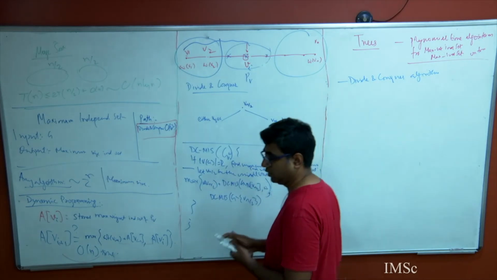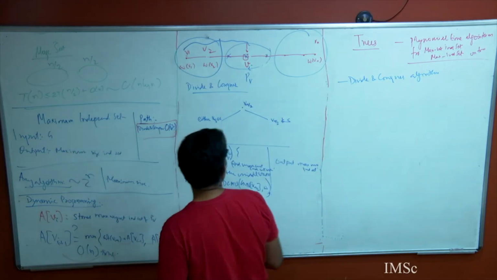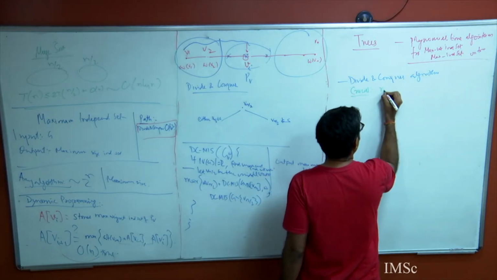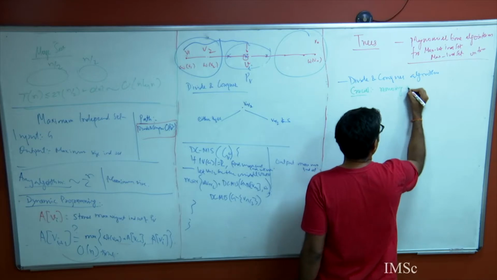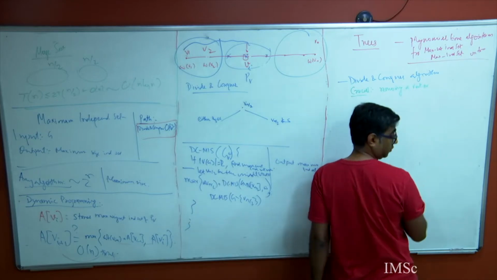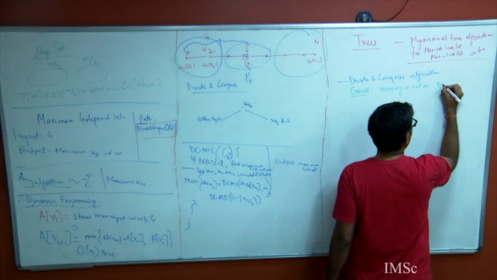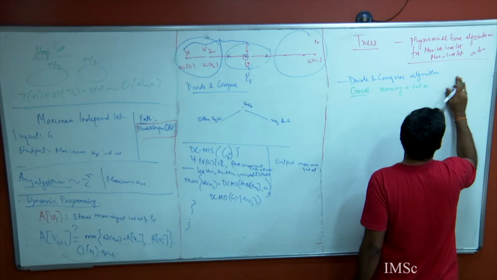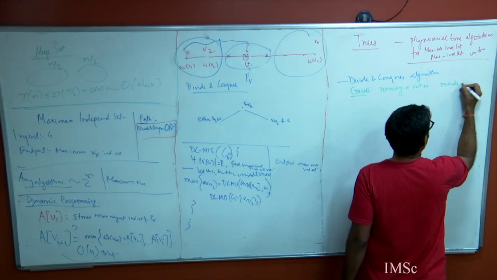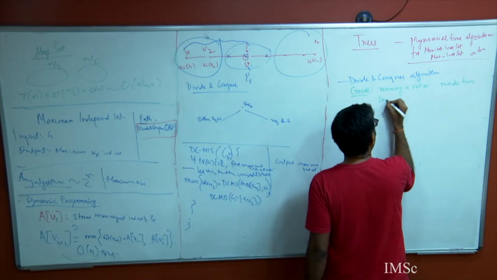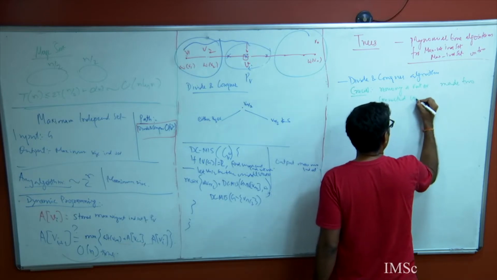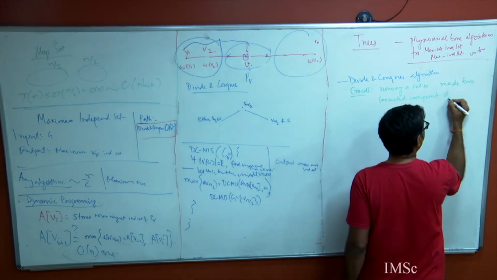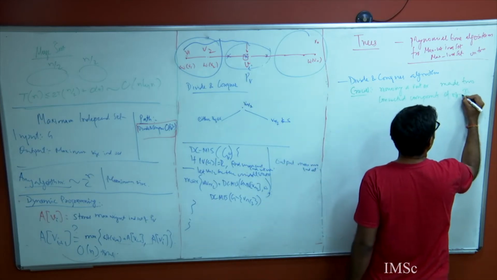What was the crucial thing to notice? Removing a vertex made two connected components, and hence I can do this on sizes roughly n by 2.